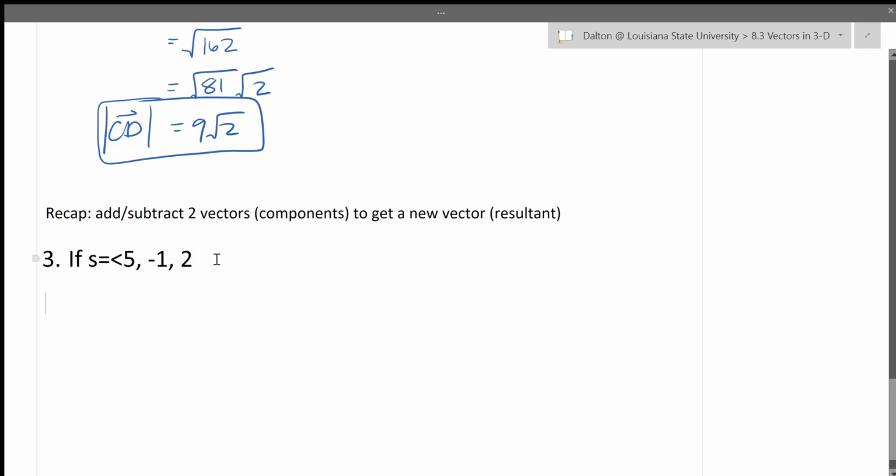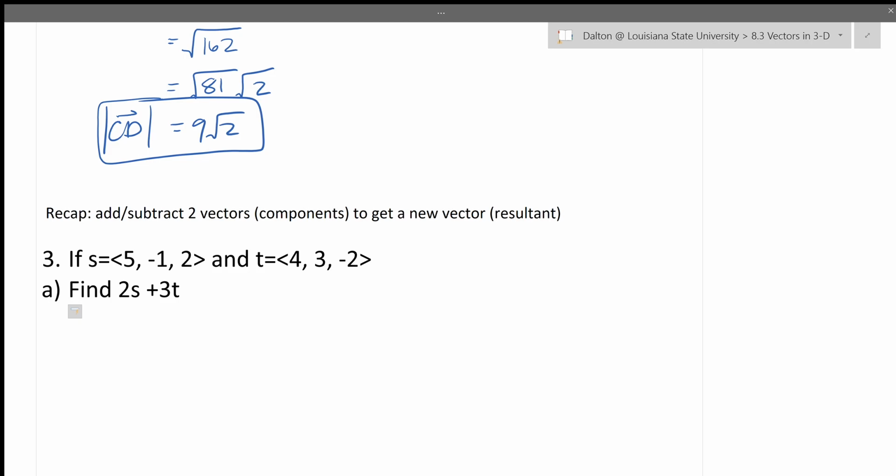Okay, if vector S is 5, -1, 2, and vector T is 4, 3, -2, I want you to first find 2S plus 3T. And again, these variables should not be floating variables. I don't have a quick way to do vectors typing, so I got to come back and add them. Vector S, vector T, vector S, vector T.